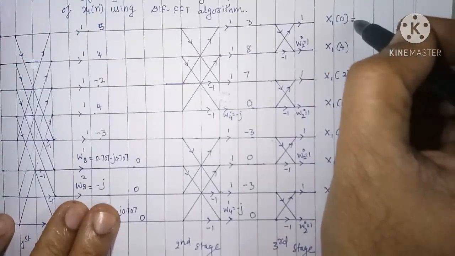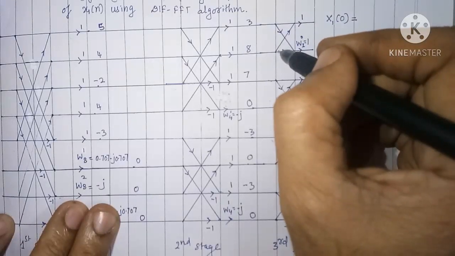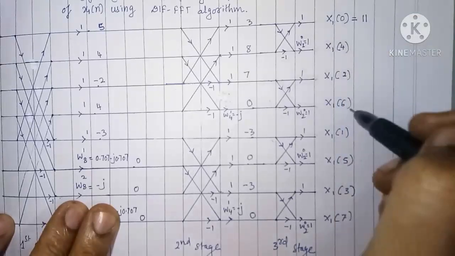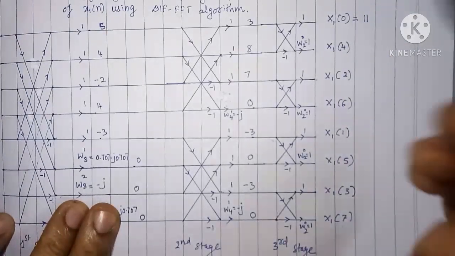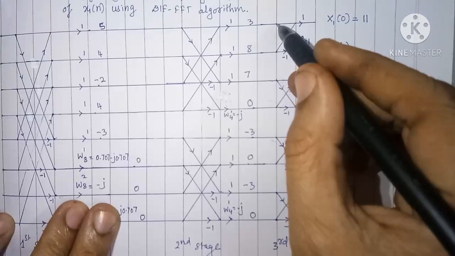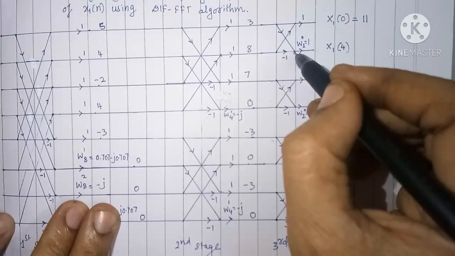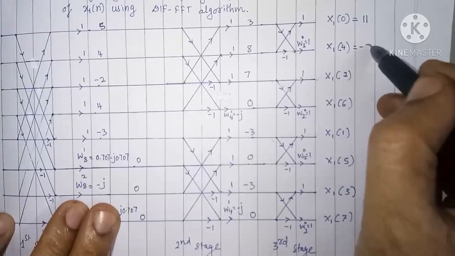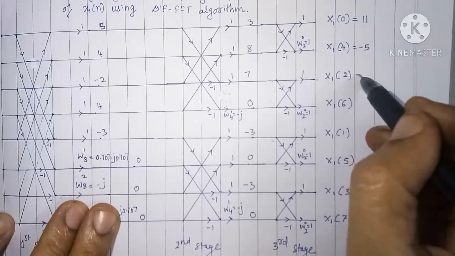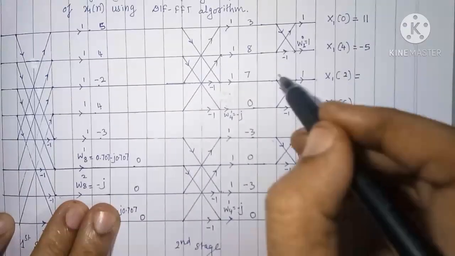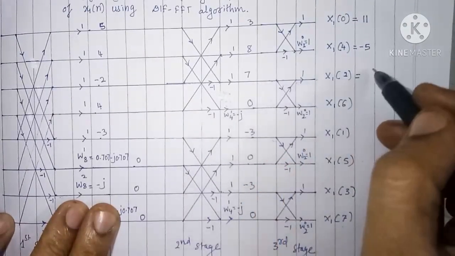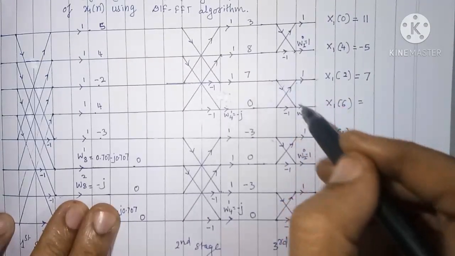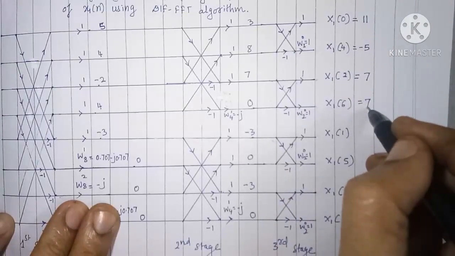x1 of 0 is equal to 8 plus 3, 11. 3 minus 8 is minus 5, that is x1 of 4. x1 of 2 will be 7 plus 0, 7. x1 of 6 will be 7 minus 0, 7.